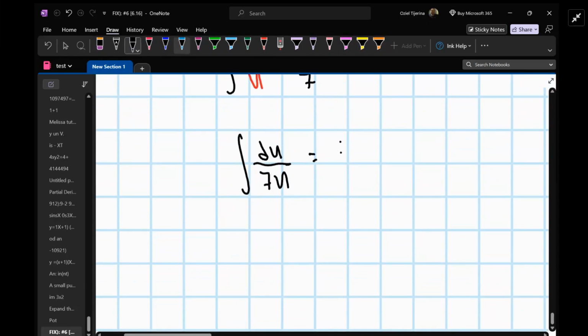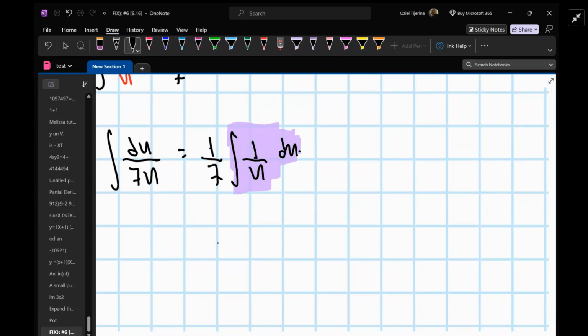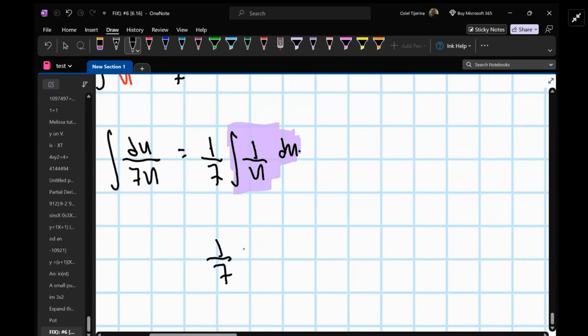So we have 1 over 7 times the integral of 1 over u du. From our common integrals, the integral of 1 over u du is the natural log of the absolute value of u. So 1 over 7 natural log of the absolute value of u.